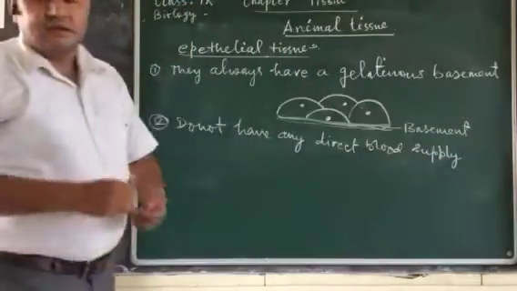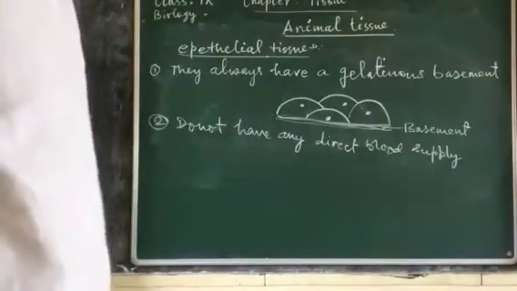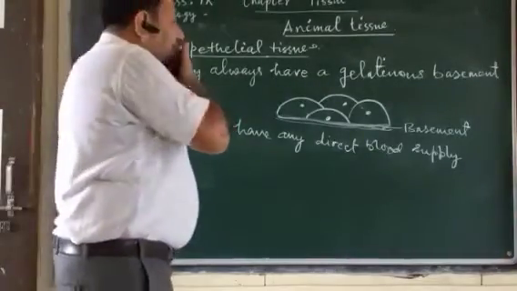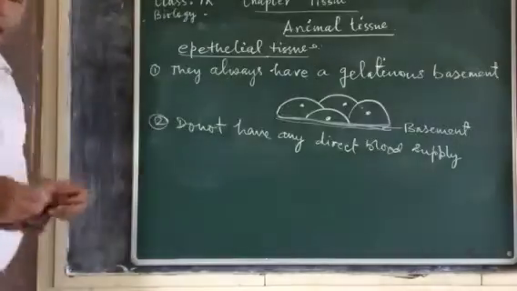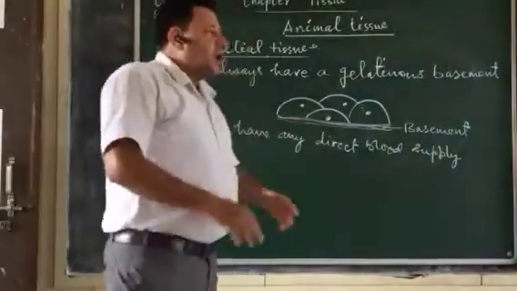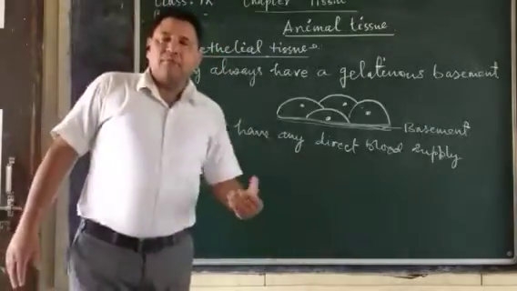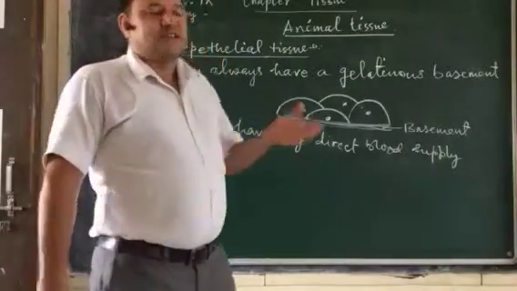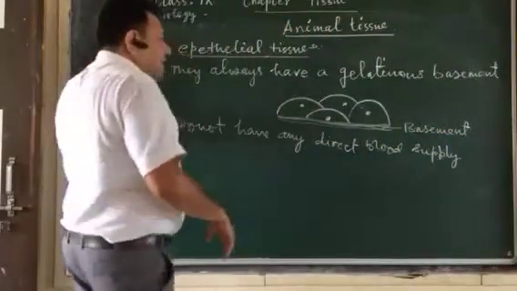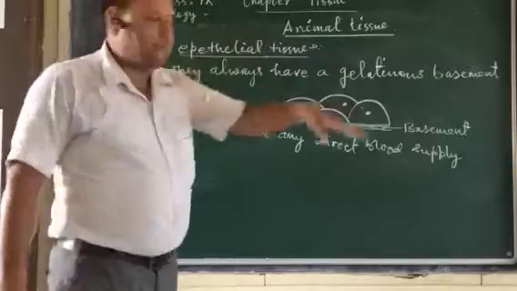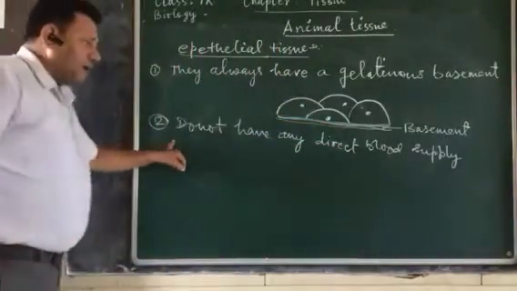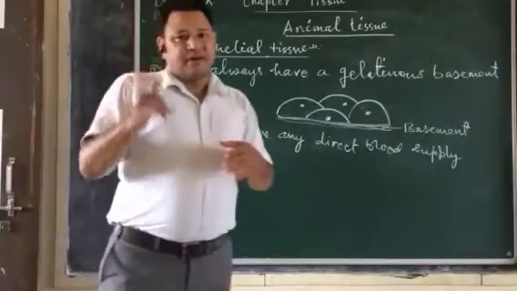So many things can be discussed here, but these two are very unique, and by the help of this one can differentiate between epithelial, connective, skeletal and many other kind of cells, because only epithelial cells are having a gelatinous type of basement that you can see here in this diagram, and they don't have any type of direct blood supply.